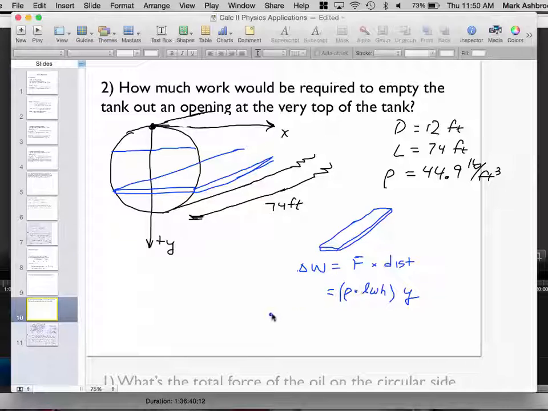Okay, so we've got our 44.9. The length is our 74 feet. The width is 2x. And the height is delta y.